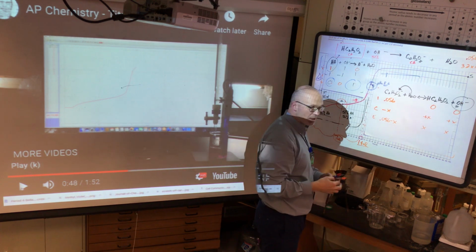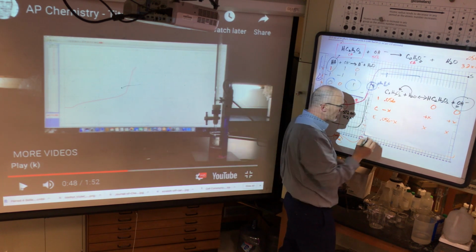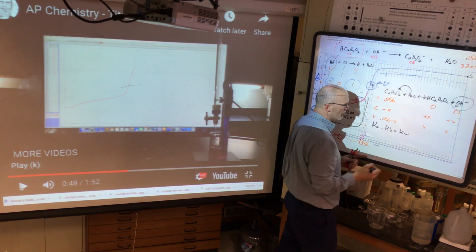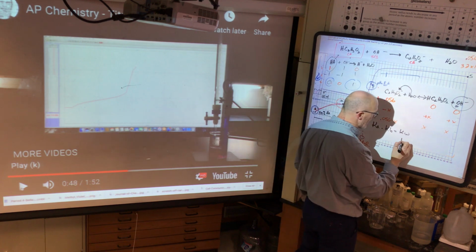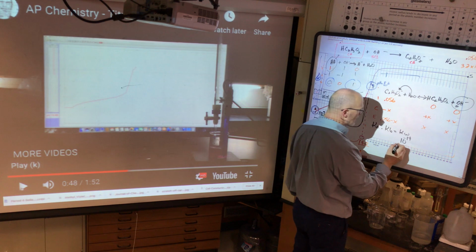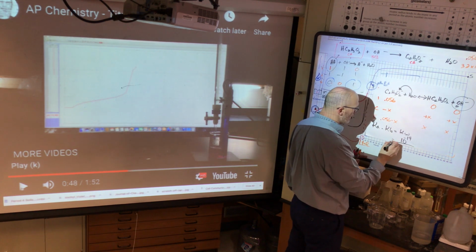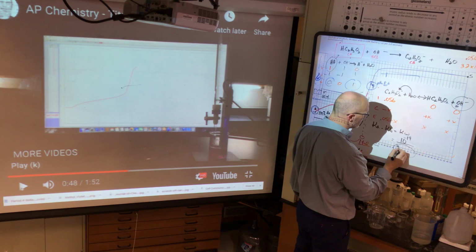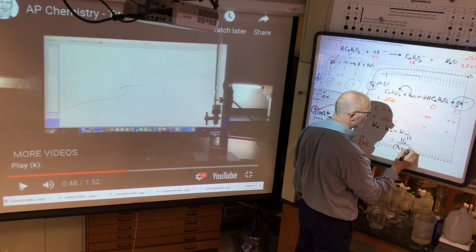So what is another skill we need? From a previous lecture, I taught you that Ka times Kb equals Kw. So what do we know? Kw is 10 to the negative 14. We're going to solve for Kb, so the Ka goes in the bottom. Well, we know the Ka: 3.2 times 10 to the negative 5.